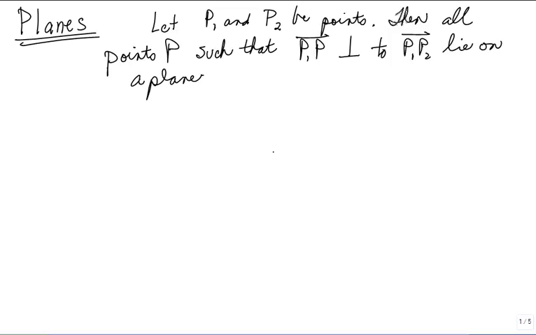So you have 2 points, and there's a vector P1P2.